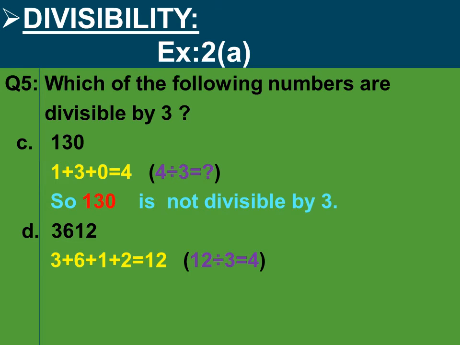Now at this stage we will check whether 12 is completely divisible by 3 or not. Yes, 3 fours are 12, completely divisible by 3, which shows that the given number, that is 3612, is divisible by 3.